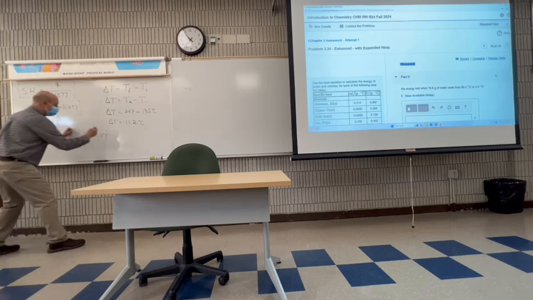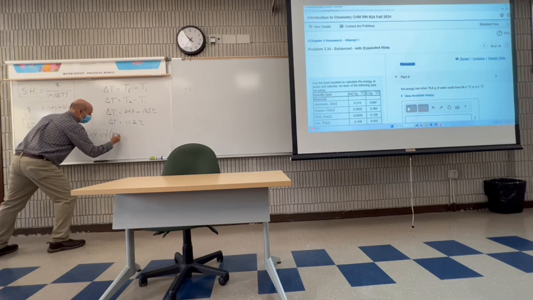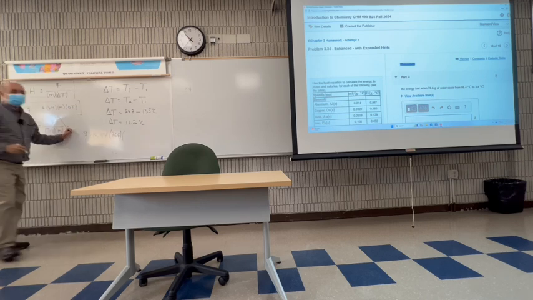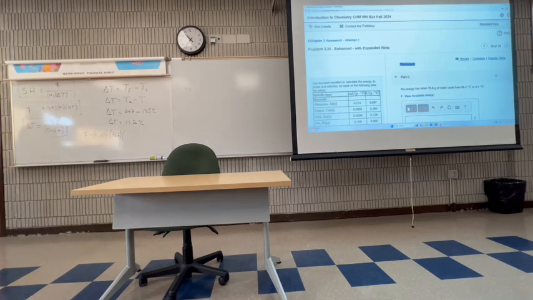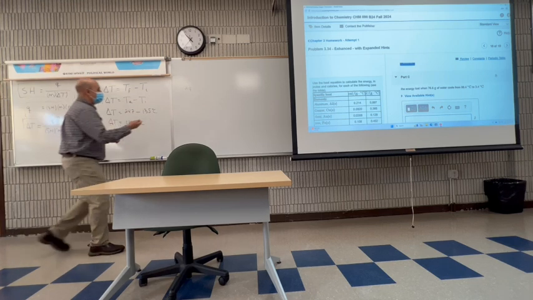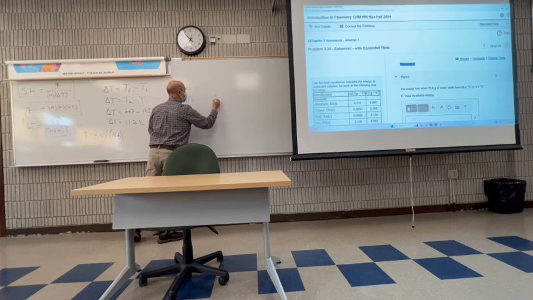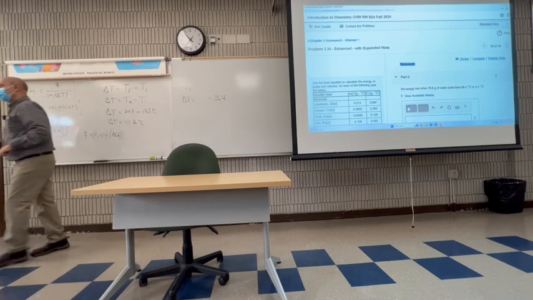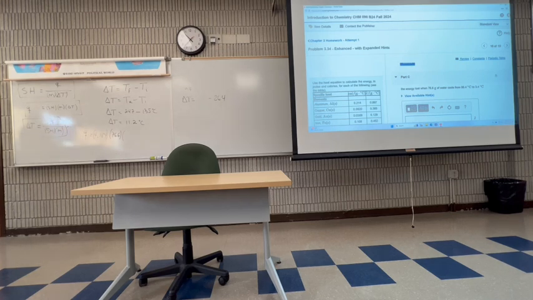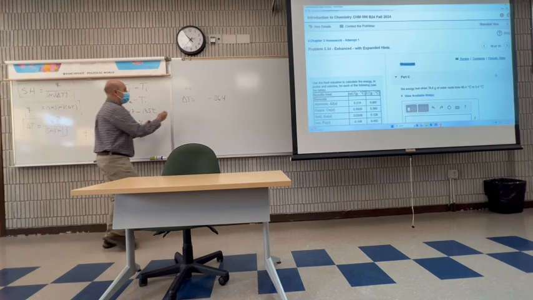Then 76.6 grams, and the delta T is going from 86.4, the initial temperature, that's why I'm putting it last, to 3.4.